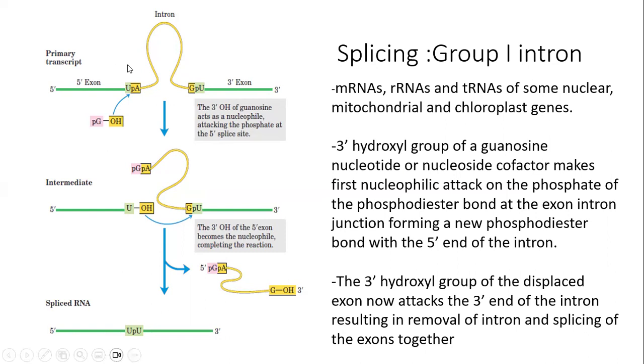In this mechanism represented here, we have the 5' exon and the 3' exon, and the intron sequence that is present in between. In the group 1 splicing mechanism, we have an external guanosine molecule, the 3' hydroxyl group of which will begin the transesterification reaction by making the first nucleophilic attack at the 5' splice site.